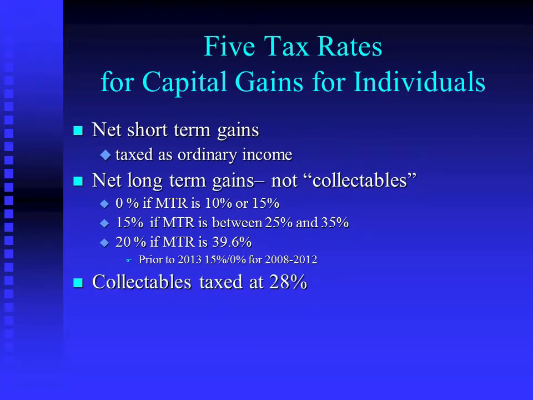Collectibles are taxed at a flat 28%. So that means that if you are a normal human being and your tax rate is 25% or less, holding a collectible long enough to get it to be long-term is not going to do you any good at all. And remember, these are the maximum rates.